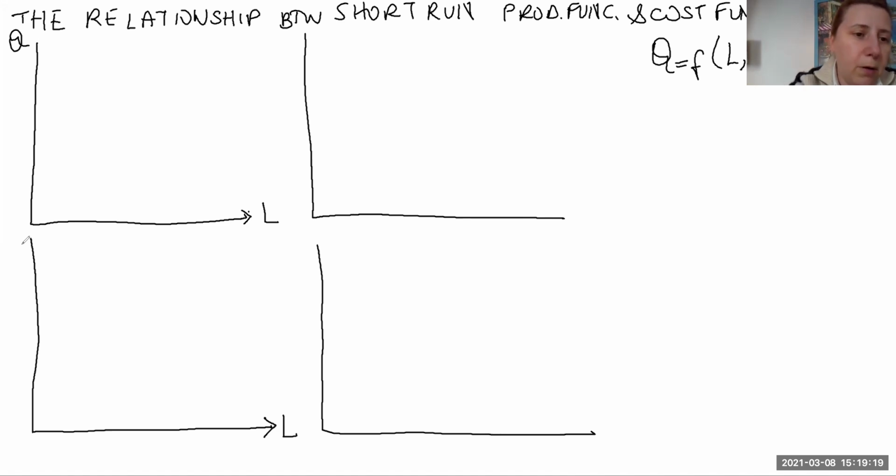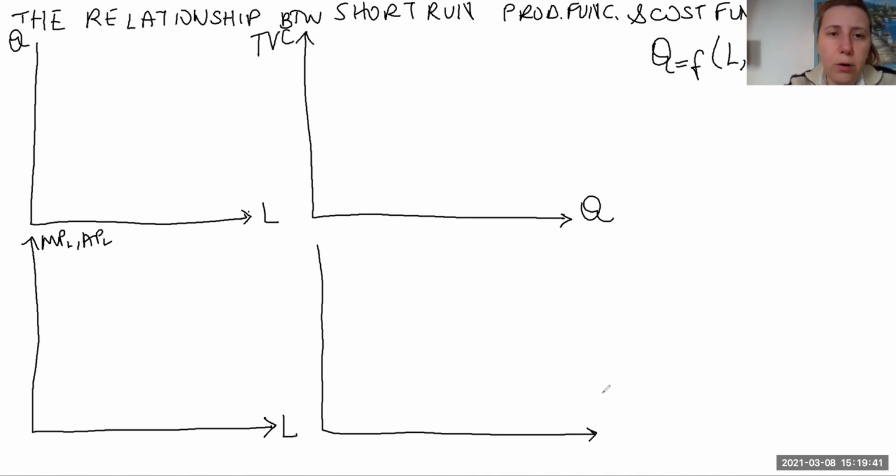Here labor and marginal product of labor and average product of labor. And in the second part, we will put the level of output to the horizontal axis, and here we have total variable cost.